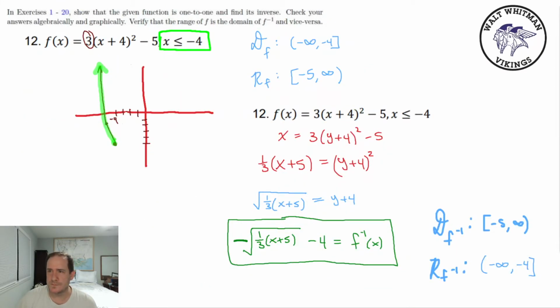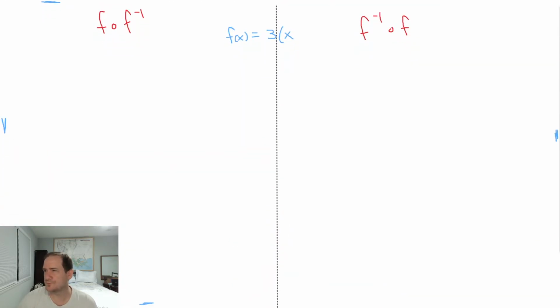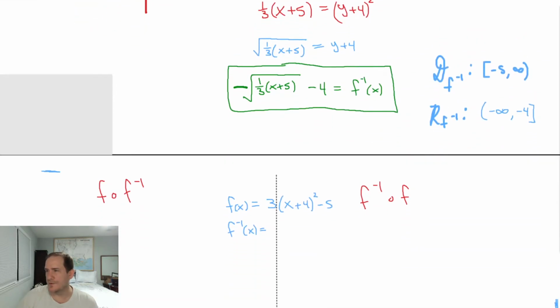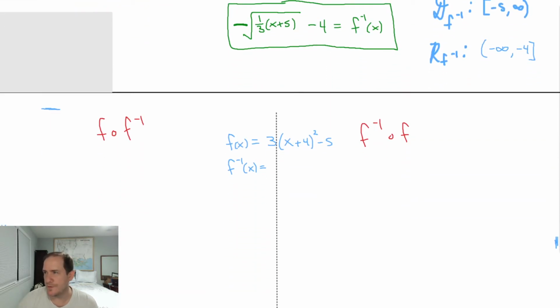Oh, x plus 4 squared minus 5. Cool. And the inverse we found was negative root 1/3 x and so on. So there's the two functions.